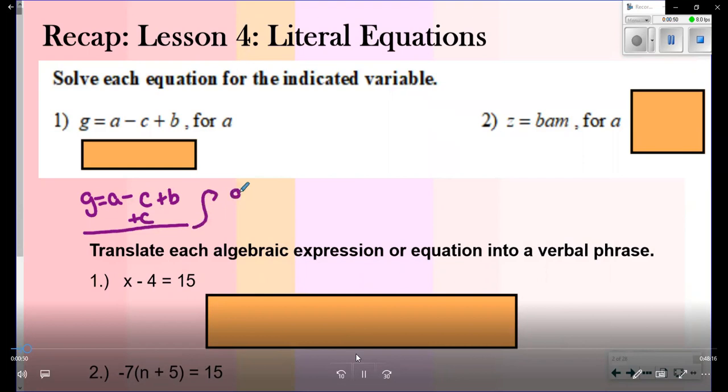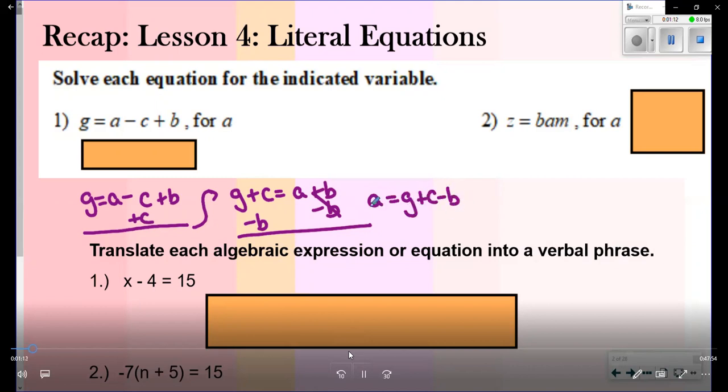So G plus C equals A plus B. And then I'm subtracting B on both sides. Of course, I cannot combine these because they are not like terms. So I'll have A equals G plus C minus B. That's my answer.